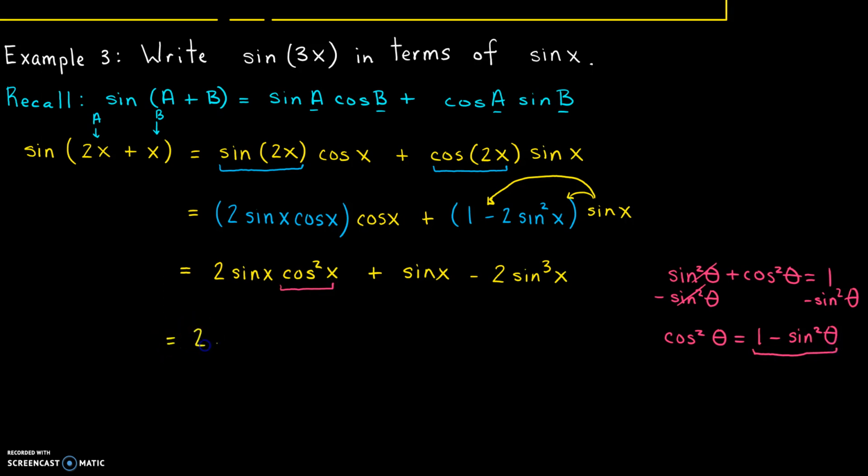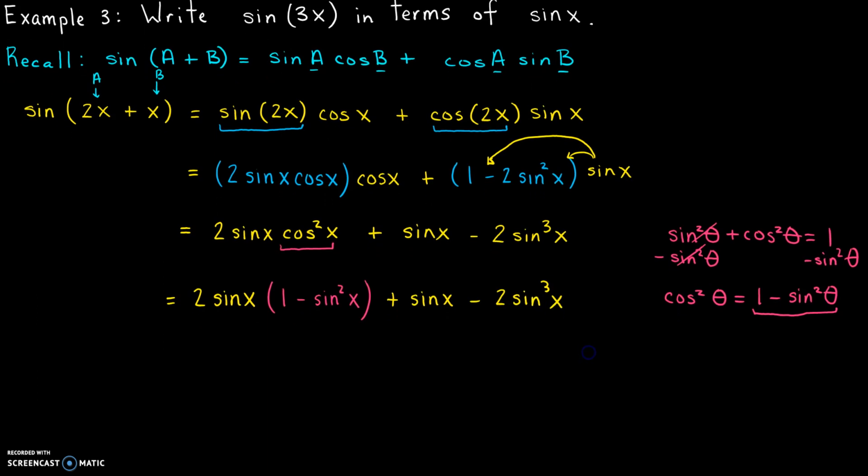So we're going to have 2 sine of x, and instead of cosine squared, that's now going to be replaced with 1 minus sine squared of x. Then I'm going to bring down everything else: plus sine x minus 2 sine cubed x.